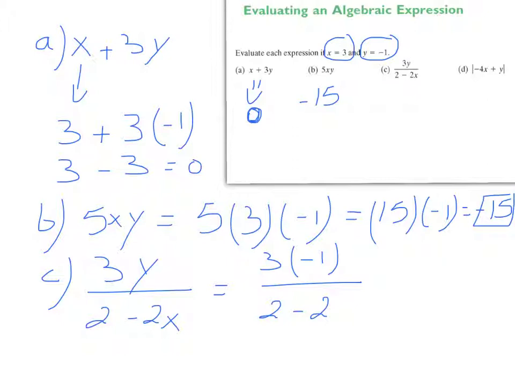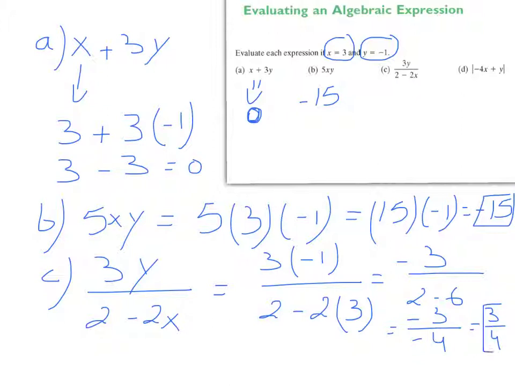So it will be -3 over 2 minus 6. We got 2 minus 6, and here we have -3 over -4. Now, negative over negative will be positive, and so we have 3 over 4. I will discuss the multiplication and division of the signs after this problem.